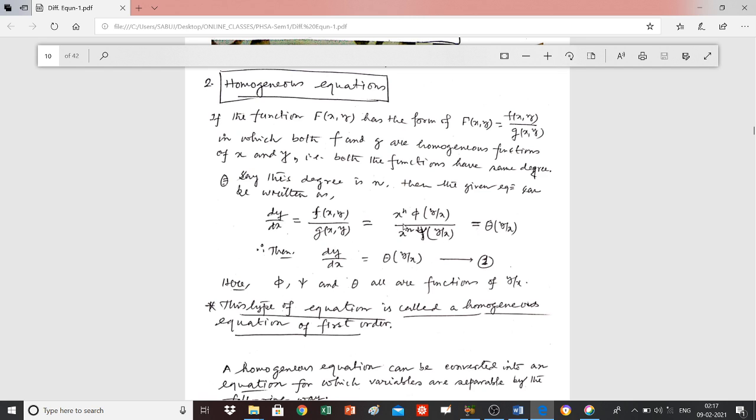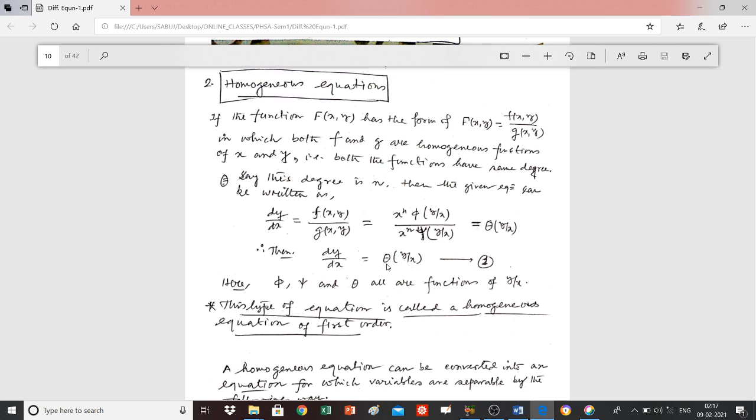And this x to the power n and x to the power n cancel each other, and this essentially gives you another function theta, which is a function of y by x. That is nothing but phi y by x divided by psi y by x. So finally we can write the differential equation as dy by dx is equal to theta y by x, and you know that theta, psi, and phi are all functions of y by x, and this type of equation is called a homogeneous equation.